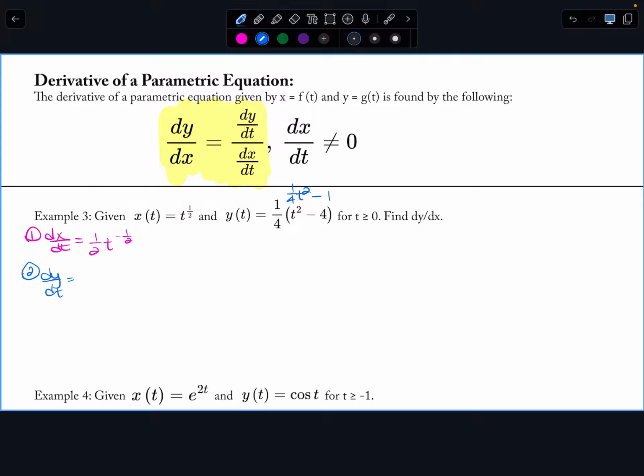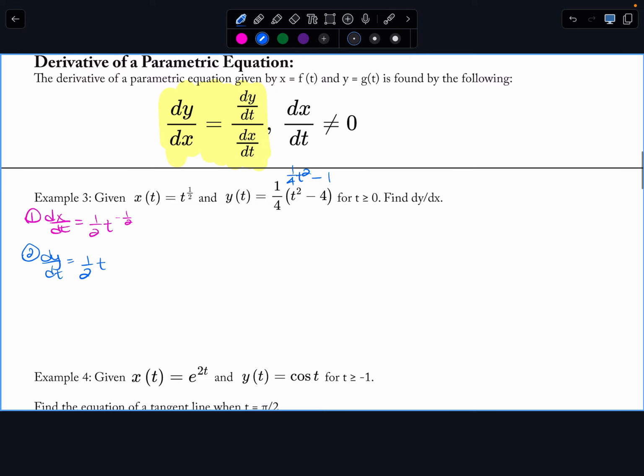I would have simplified my y first. So I get a 1/2 t. And then I divide them. So I get a 1/2 t in the top. That's the hard part, is I always screw this up. Because I took dx dt first, sometimes I put it in the top. So just be careful.